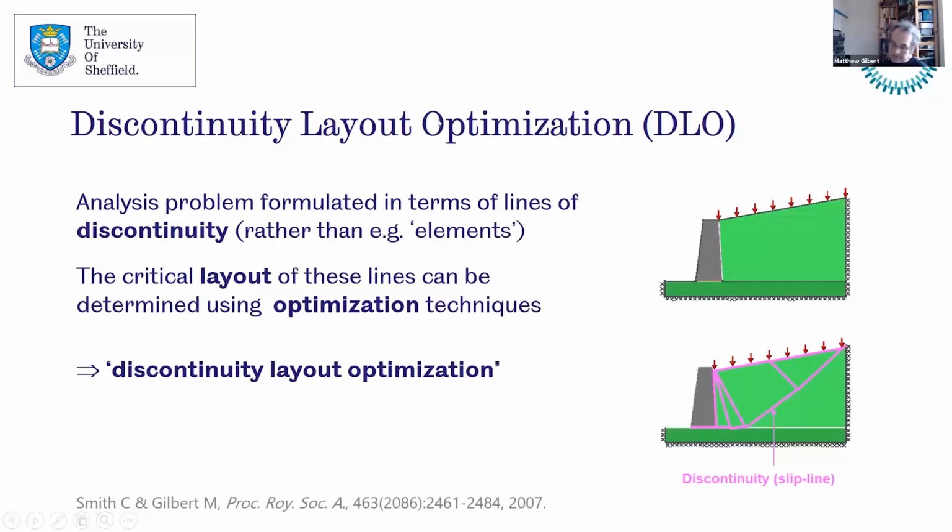And what it comes out as is that you can couch your analysis problem entirely in terms of discontinuities rather than in terms of elements, which traditionally has been a much more common way of modeling a problem in the past. And basically, we're trying to find the layout of these discontinuities using optimization, hence the term discontinuity layout optimization. And we published our first work in this area back in 2007.